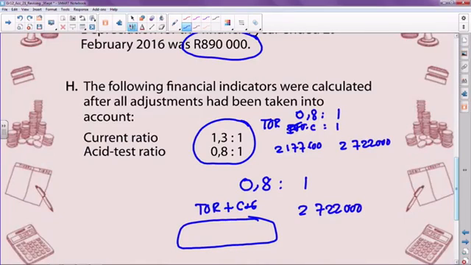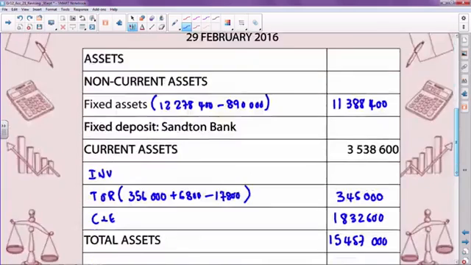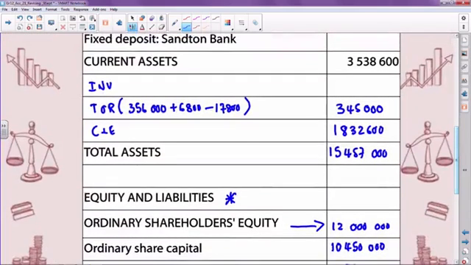I then take my receivables and subtract it from this figure, and voila, I'm left with my cash and cash equivalents figure of 1,832,600.